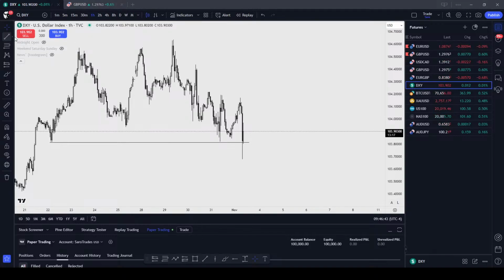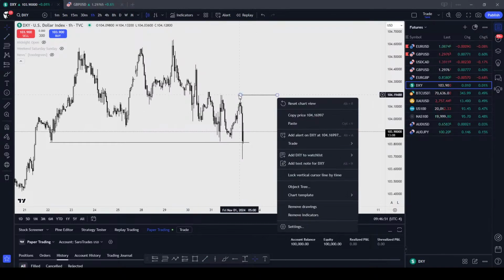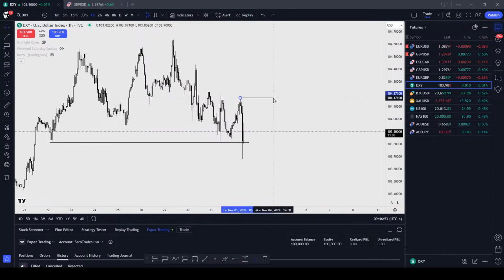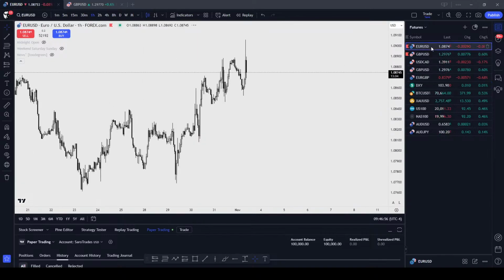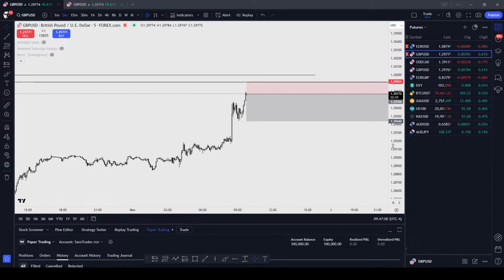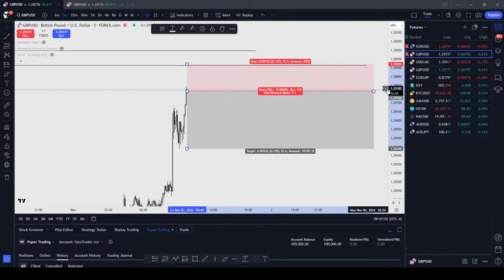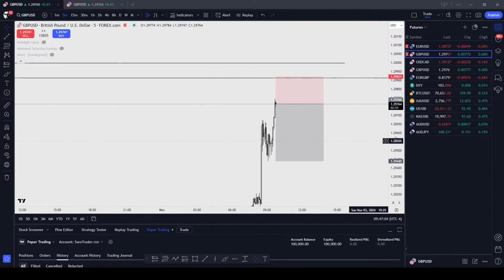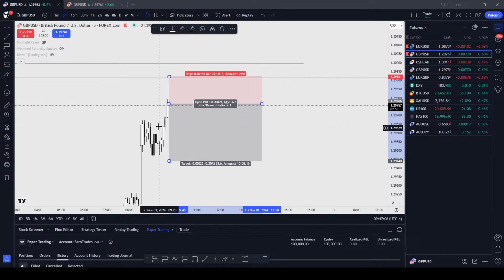DXY took this low, and I guess it's going for these highs. I'm not in this trade, by the way. It was just me clicking on here.